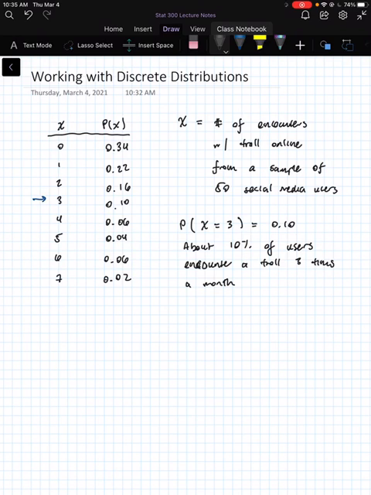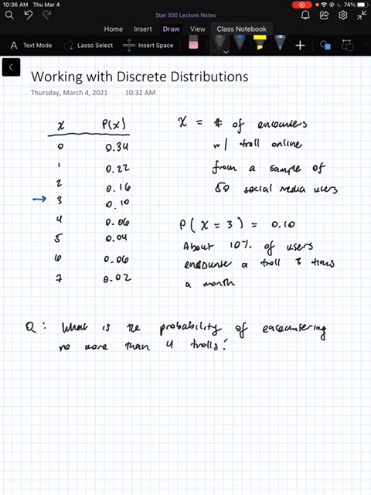And so now we can actually find probabilities from this distribution table. Let's ask it this way. Question: what is the probability of encountering no more than 4 trolls a month?